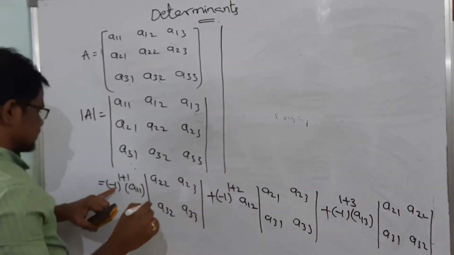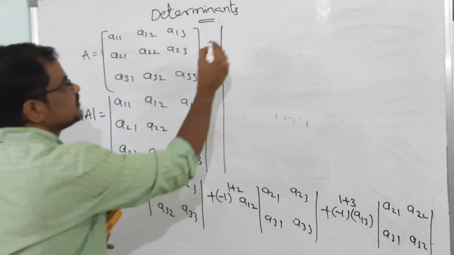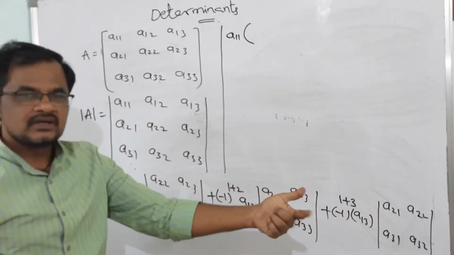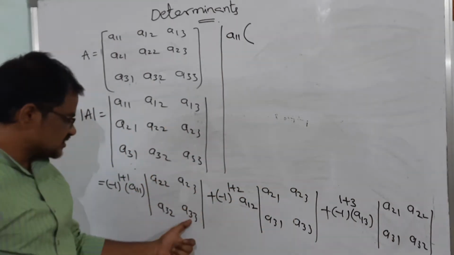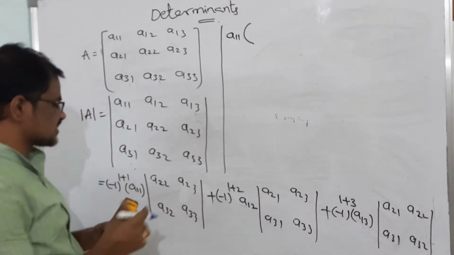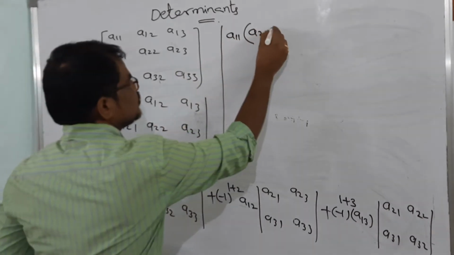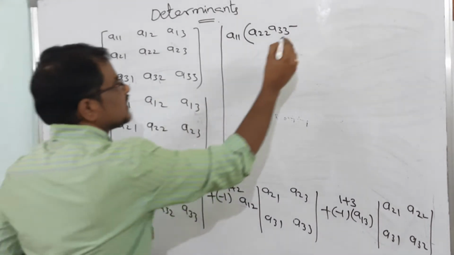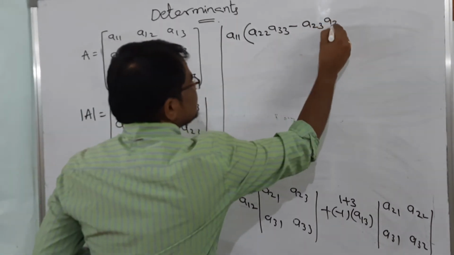So minus 1 whole to the power of 1 plus 1, positive. So A11 into, already we know that 2 by 2 determinant. So this cross multiplication minus this cross multiplication means A22 A33 minus A23 A32.